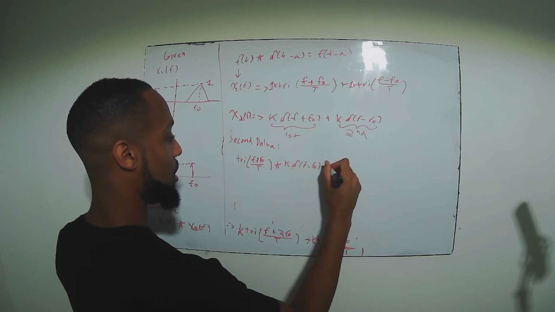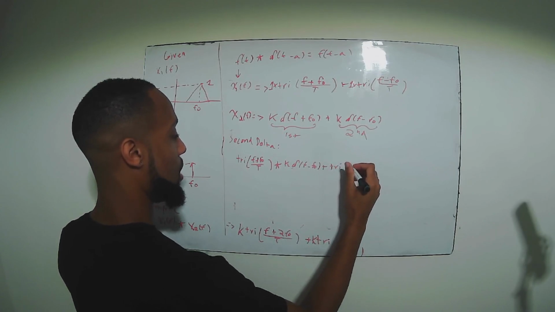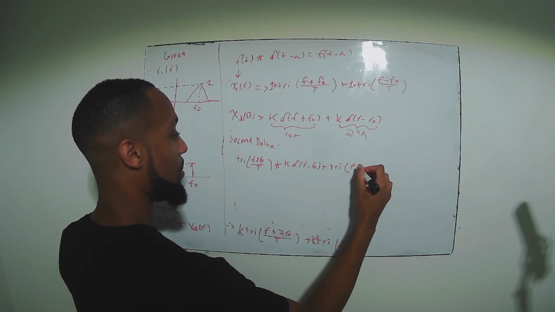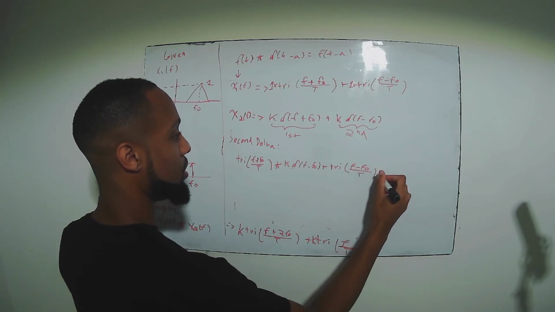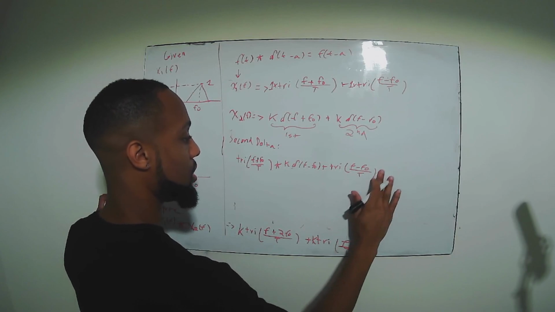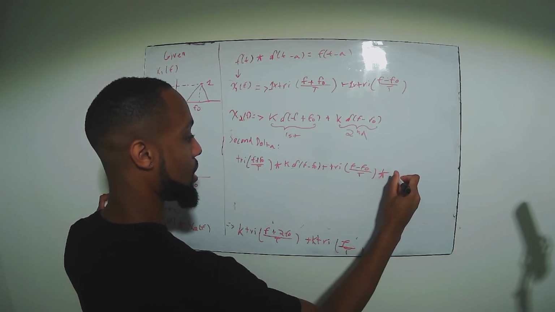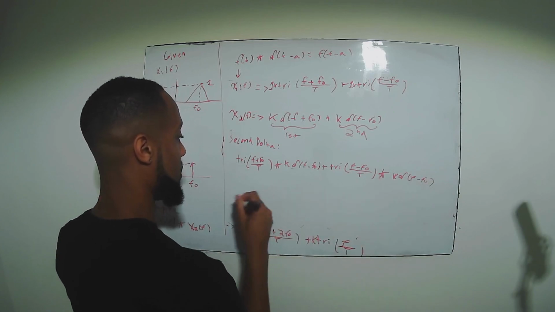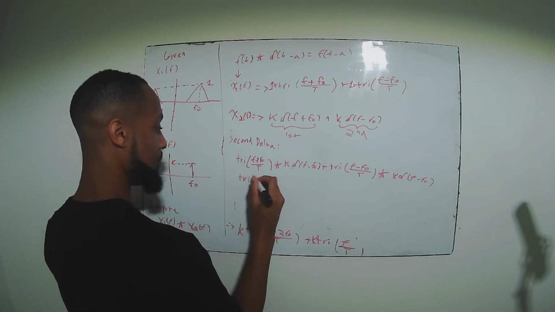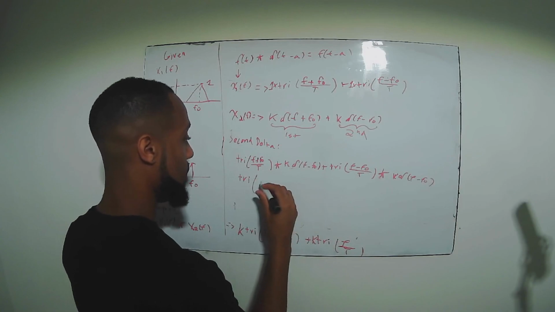And then plus trie of (f minus f naught) over t, convolved with k delta of f minus f naught. So what we're going to do is end up with trie, and here we have minus f naught.